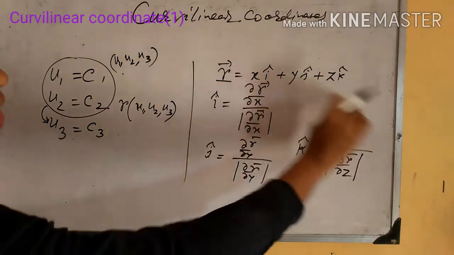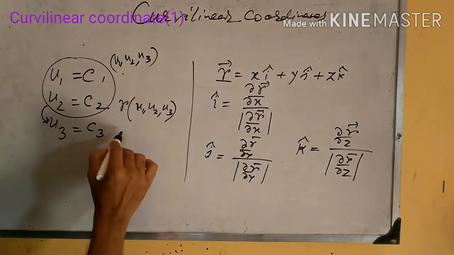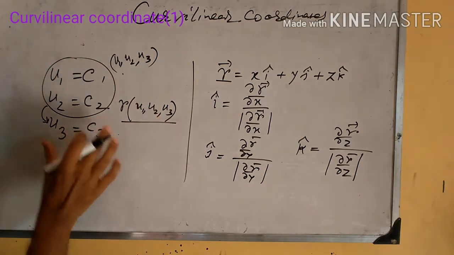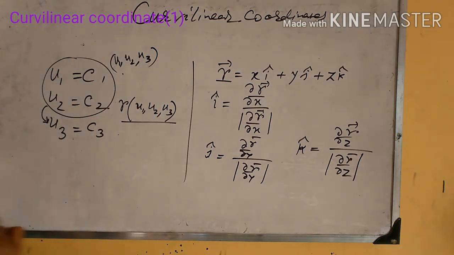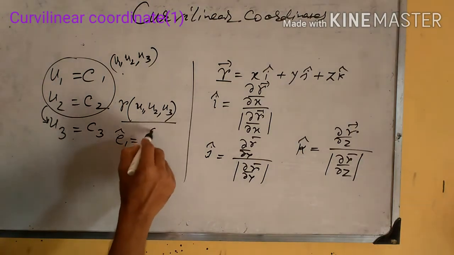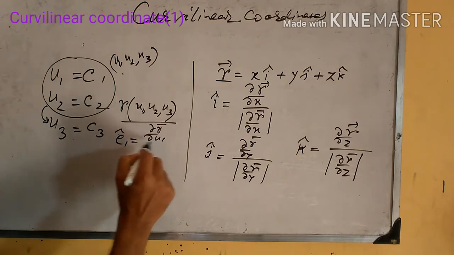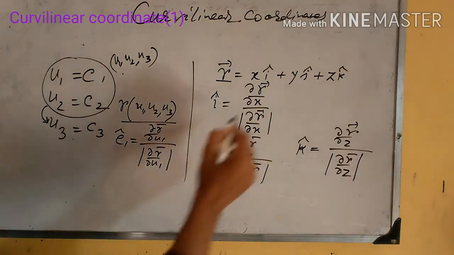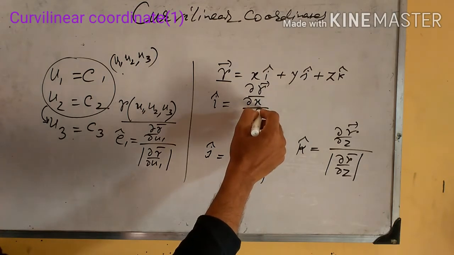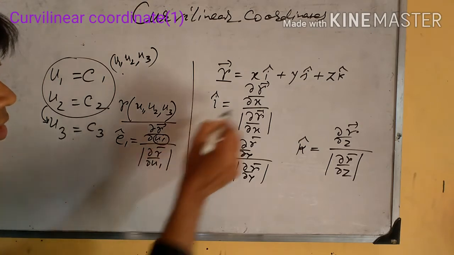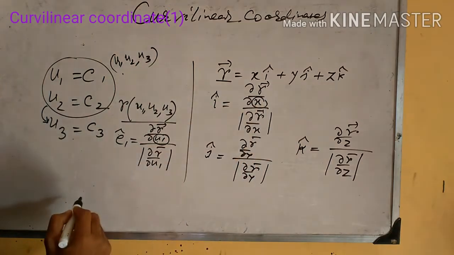With the similarity of these expressions, the unit vectors, the basis vectors of this system, will be E1 hat equals del R by del U1 divided by the mod of del R by del U1, as here U1 is written in place of x.